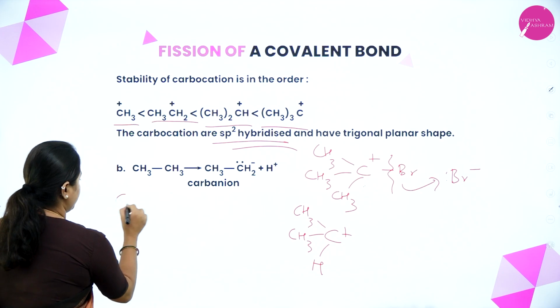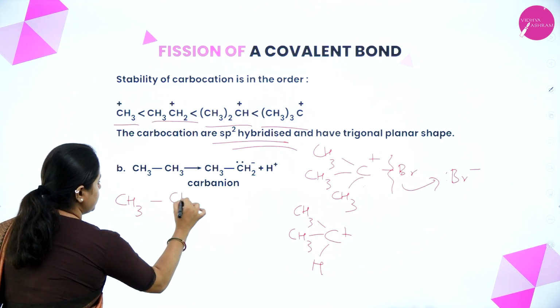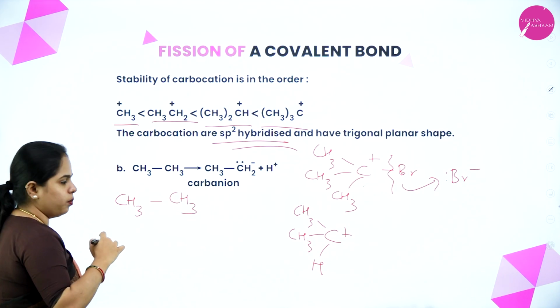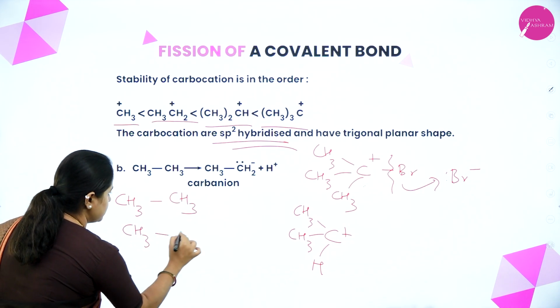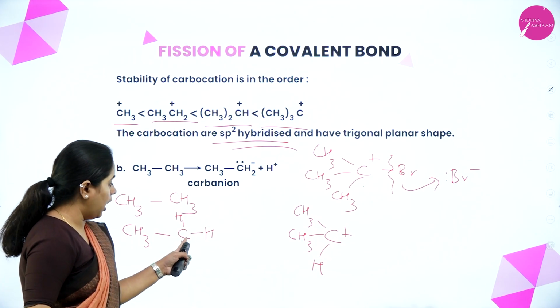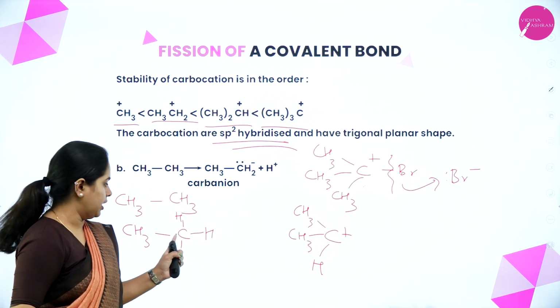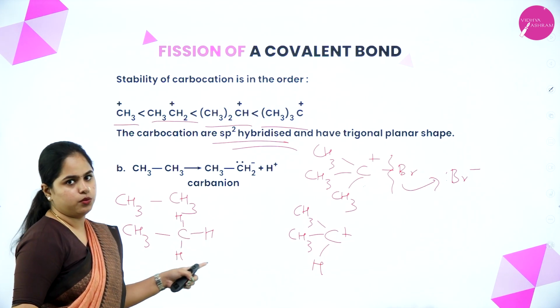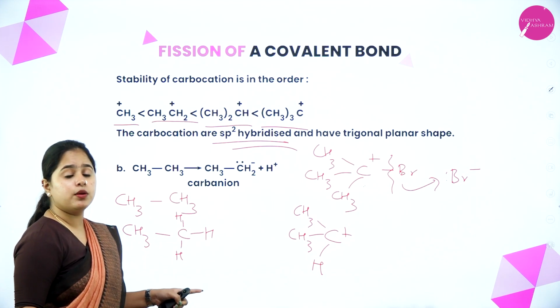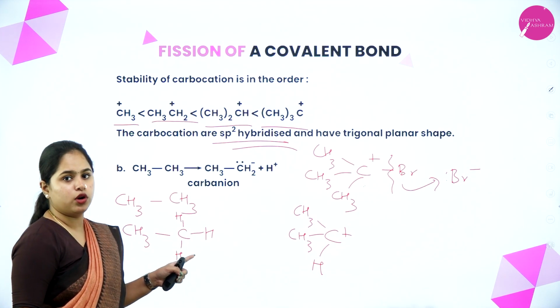Now, what is a carbanion? Let's take this example of CH3 CH3. In this particular methyl group, I'm writing it as C-H. So there is a carbon-hydrogen bond here. There is an electronegativity difference. Which has more electronegativity? Carbon has more electronegativity.